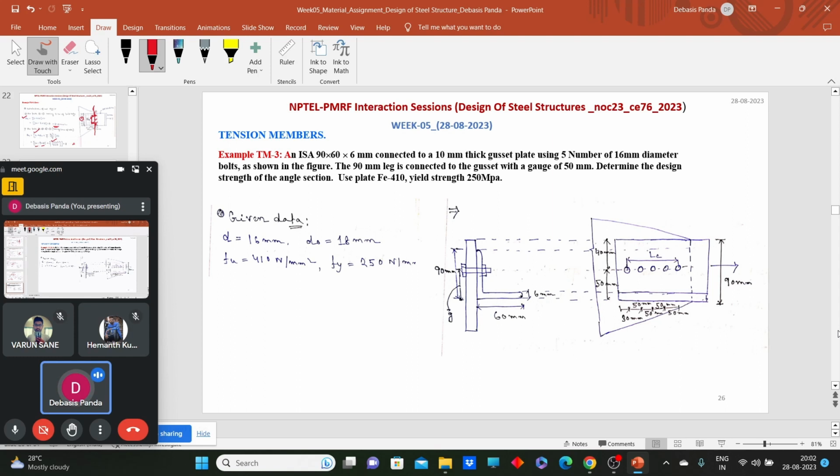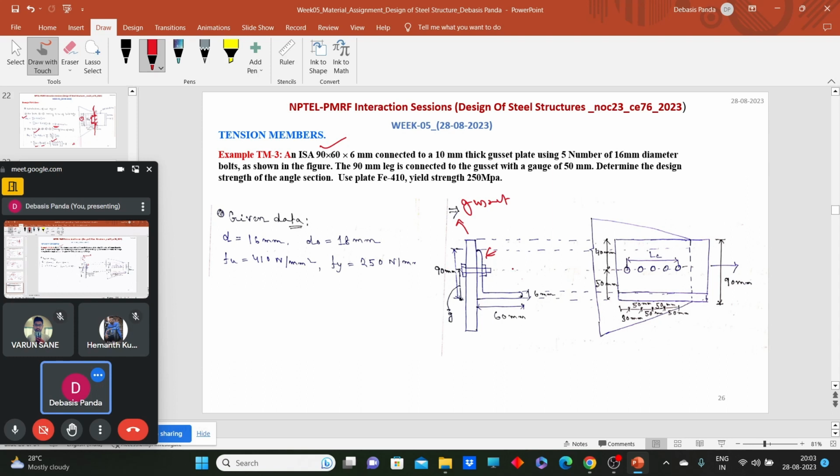So now quickly solve one example so that this concept will get clear. Here this example says we have an Indian standard angle section 90 by 60 by 6 connected to a 10 mm thick gusset plate. So this angle section is connected with this 10 mm thick gusset plate. This is your gusset and this is the angle section.